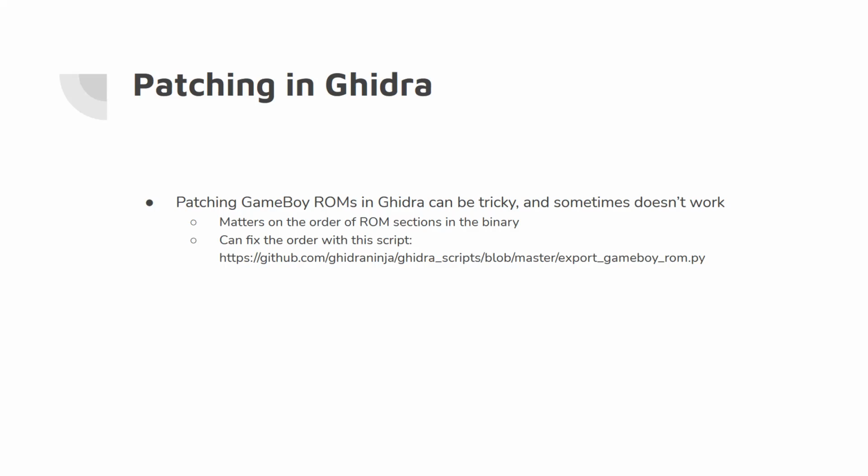So when Ghidra goes to disassemble the binary, it will sometimes scramble those ROM sections, and then when you're trying to patch, it will be patching the wrong part of memory, and it won't work. So someone actually developed a Ghidra script that you can use to fix the order of the ROM sections before you patch. So I included that script below.